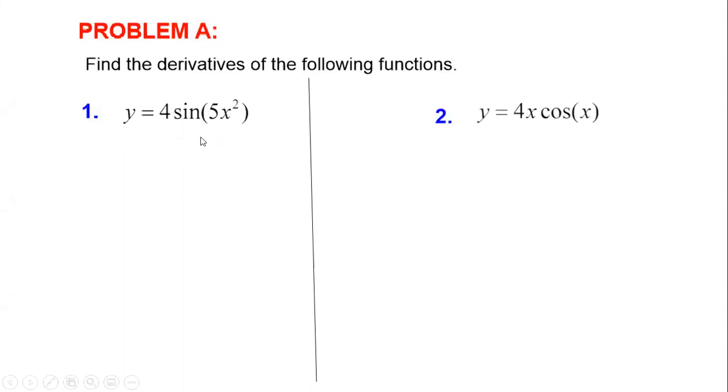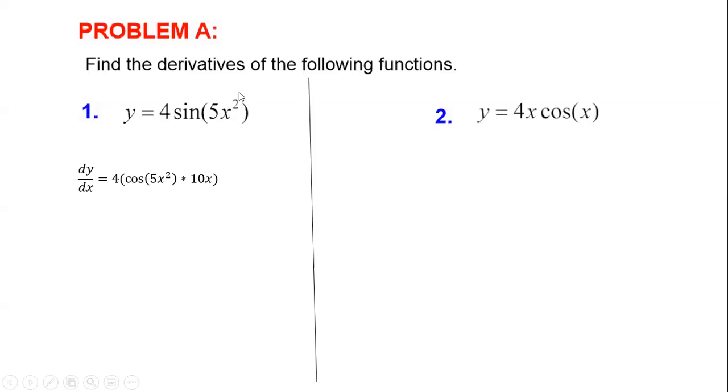So we'll do that. The sine of 5x squared, now remember, it's a function of a function. It's this function, sine of the 5x squared function. So we're going to take what the sine function is as a derivative, which we just said is cosine, and just simply write that as the cosine of 5x squared, which is what this is. But then we have to multiply by the inside function.